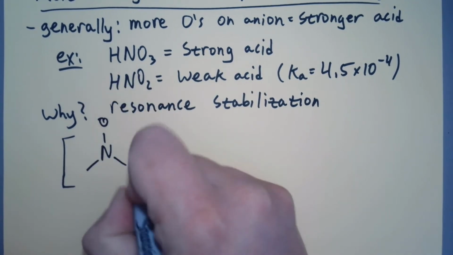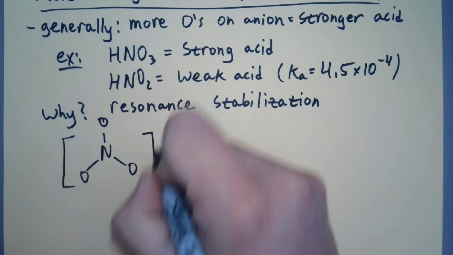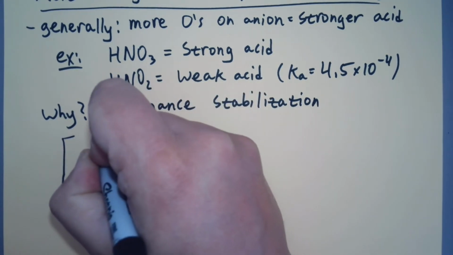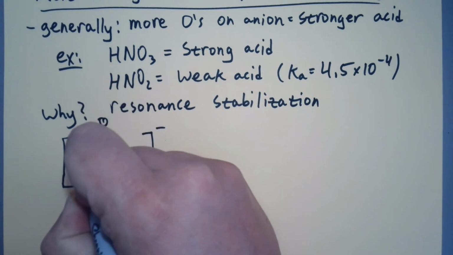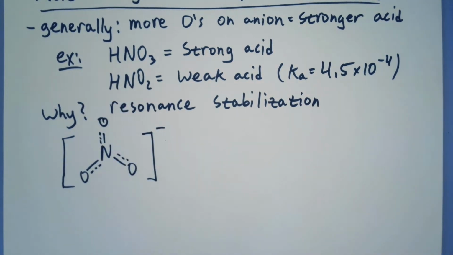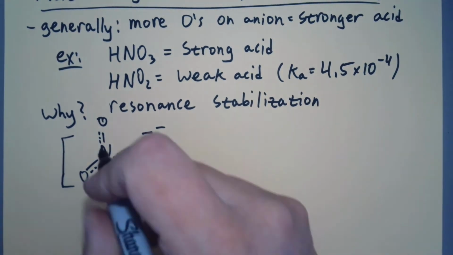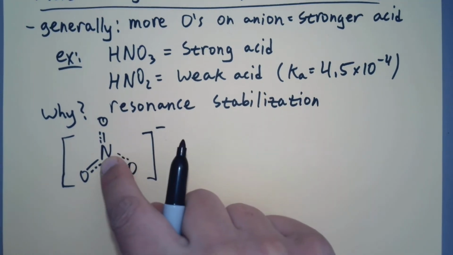So if we look at NO3 minus first, remember, our resonance structures have these dashed lines, so it means it's more than one bond. But what is it? Well, these are 1 1/3 bonds.